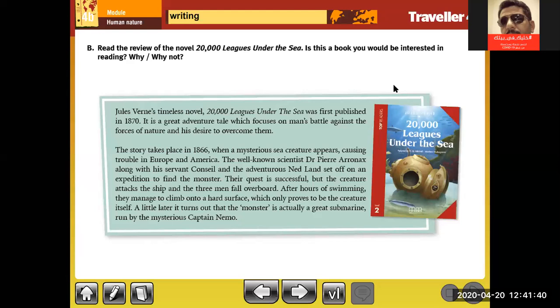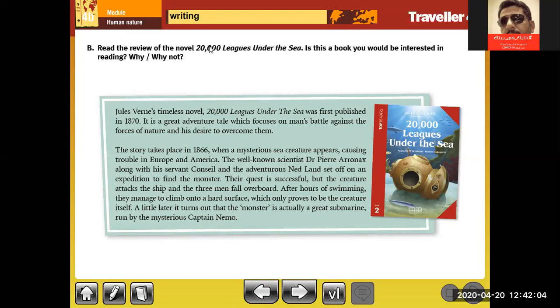Here we have a book review about this novel by Jules Verne, 20,000 Leagues Under the Sea. Have you ever read this book or this story? We will read the review of the novel.